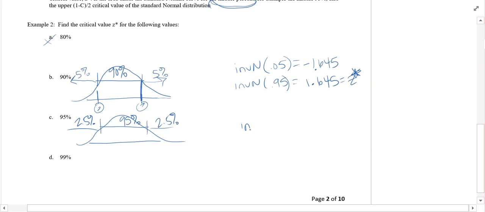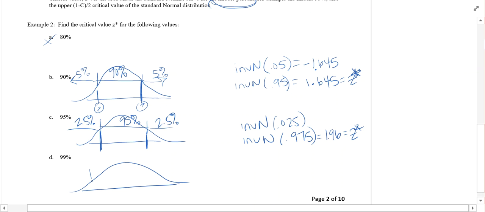You can either just remember to do it for that little tail, 0.025, and then make it positive, or you can do inverse norm of 0.975, because it's everything to the left. So either this value or this value. Go ahead and do inverse norm of whichever one you want. Z star, though, is just always positive. You should get 1.96, which is what Z star equals.